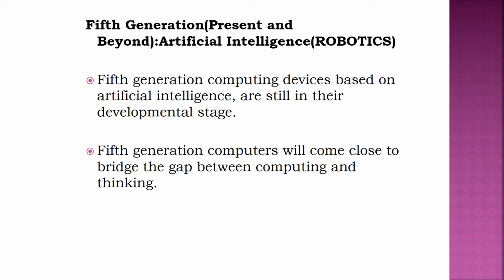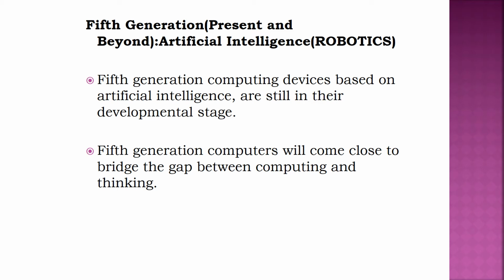Before getting into the next topic, we'll just have a glance at all the generations. The first generation was from 1940 to 1956, in which the vacuum tube was used. The second generation, from 1956 to 1963, introduced transistors. The third generation, from 1964 to 1971, introduced integrated circuits.